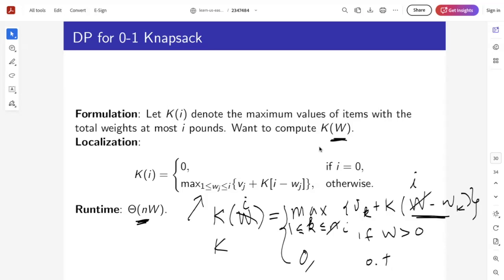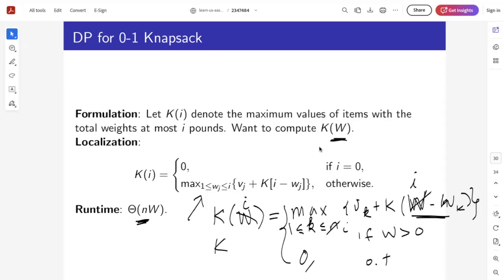The weight here is W, because we could have items that each weigh 1 pound.